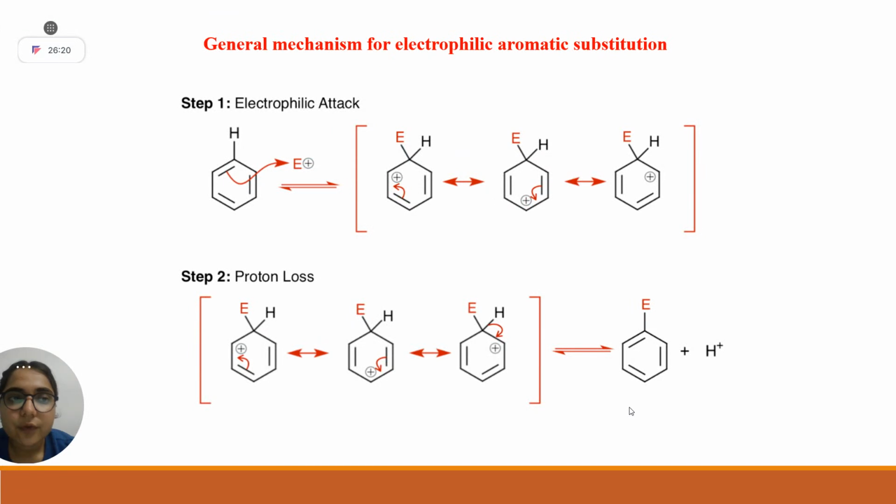So now we are going to cover some basics on electrophilic aromatic substitution. As the name suggests, what does it mean? Electrophilic aromatic substitution. For this, first your compound should be aromatic. Aromatic means it should follow Huckel rule, 4n plus 2 rule.